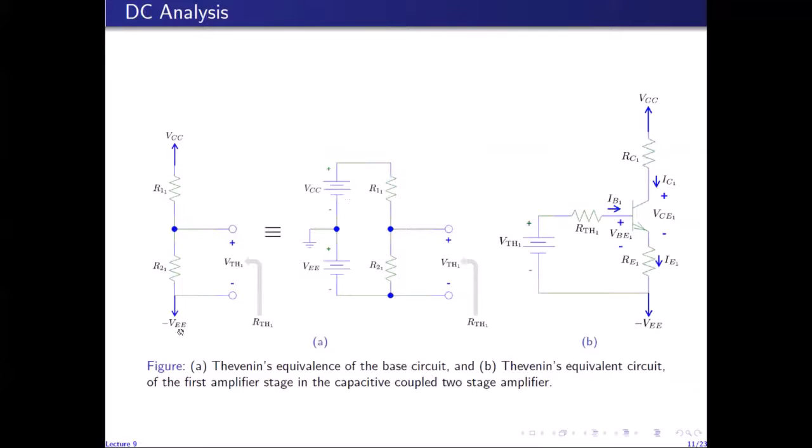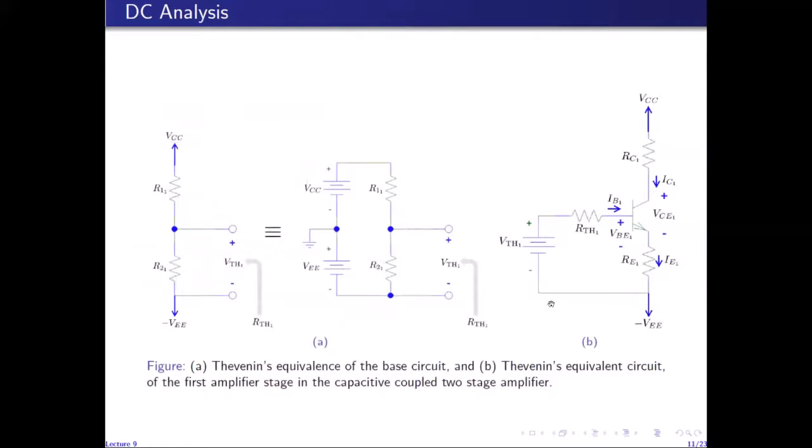I've just drawn these two voltage supplies explicitly, and then I can apply Thevenin's theorem as before to find the Thevenin equivalent circuit of this base side circuit of the voltage divider network. And so this is the reduced or the Thevenin equivalent circuit of the first stage of the multi-stage amplifier. We've already done this before when we studied the voltage divider network.